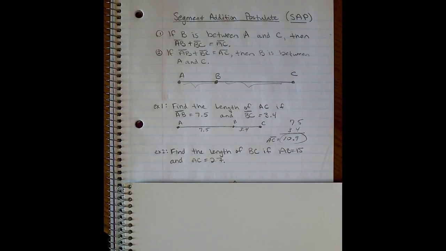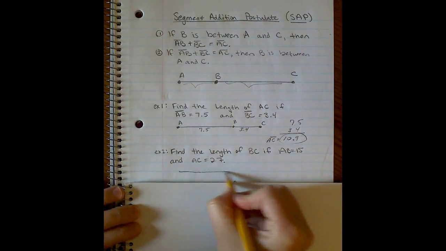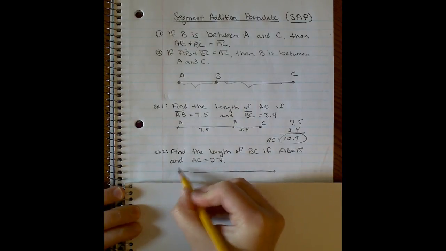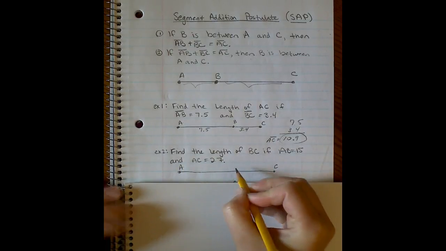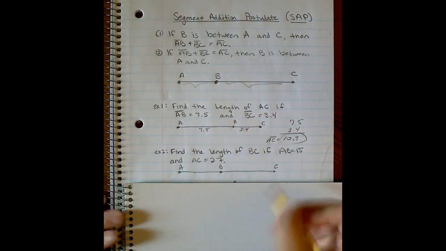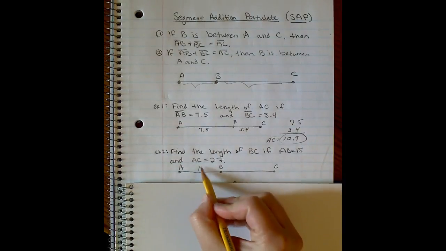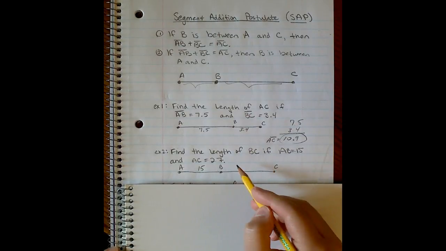So again, make sure you read those directions really carefully. The letters are different. A and C are still our endpoints, and B is somewhere in the middle, between those two endpoints. So AB is 15, AC is 27.